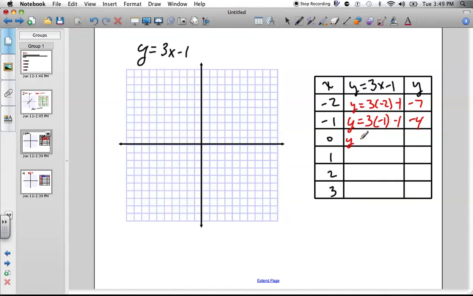Our next input value is 0. 3 times 0 minus 1 gives us an output of -1. When we input 1 into our equation, we get an output value of 2.